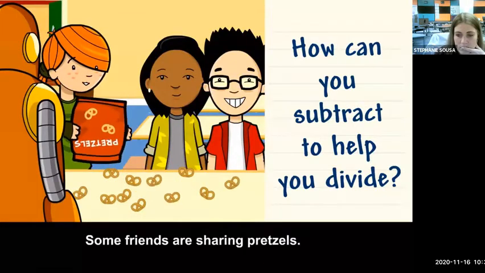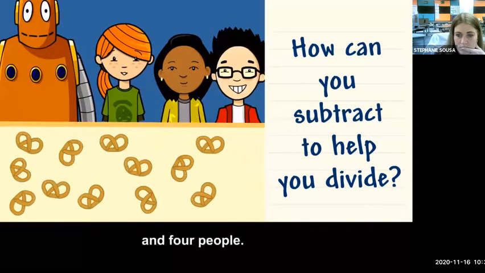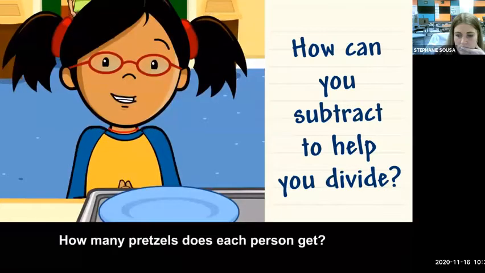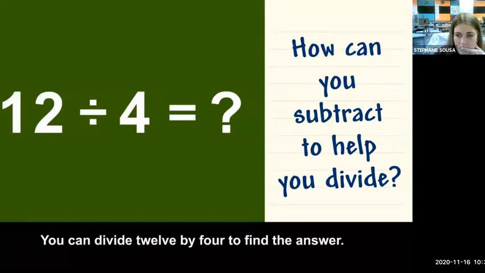Some friends are sharing pretzels. There are 12 pretzels and 4 people. How many pretzels does each person get? You can divide 12 by 4 to find the answer.